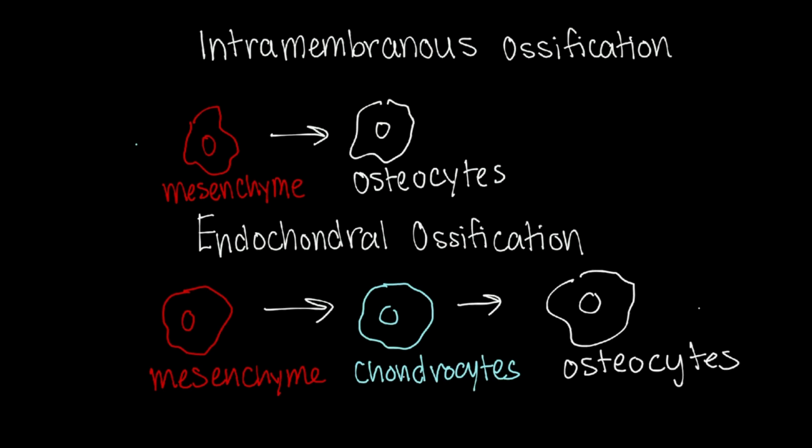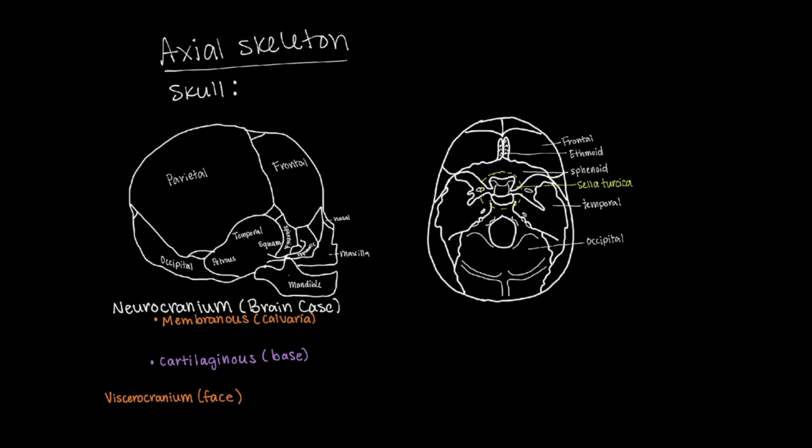So in intramembranous ossification, we go from a neural crest cell, let's say, mesenchyme, directly to osteocytes, and in endochondral ossification, mesenchyme forms chondrocytes, which will foreshadow the future bone, and it will eventually turn into osteocytes. All right, so now we're going to shift gears and talk about the axial skeleton, specifically the skull.